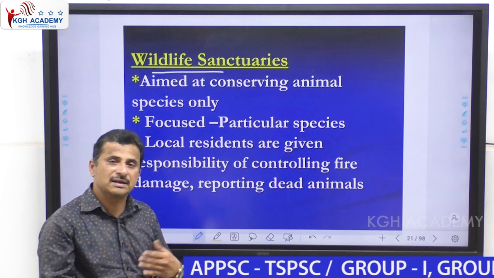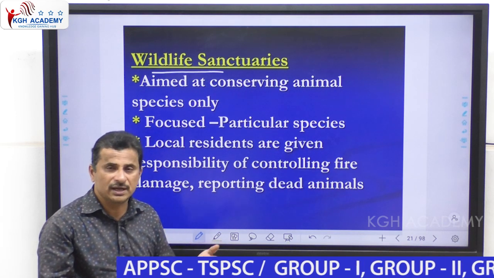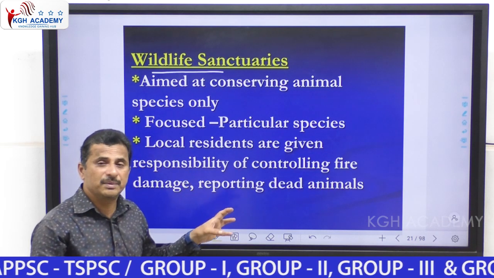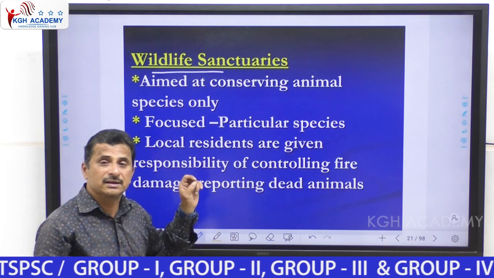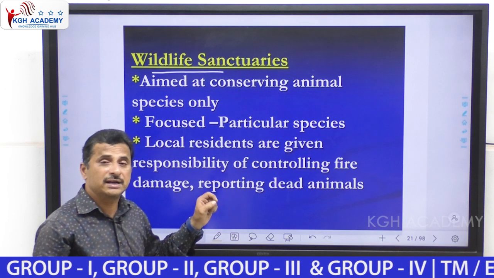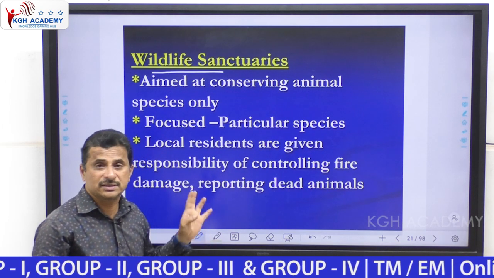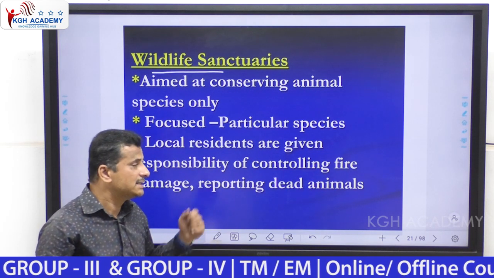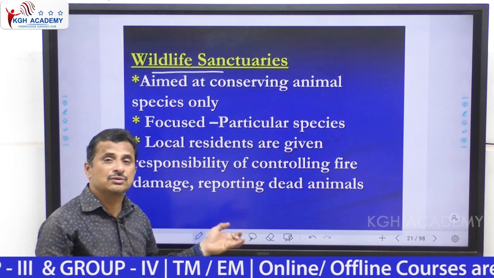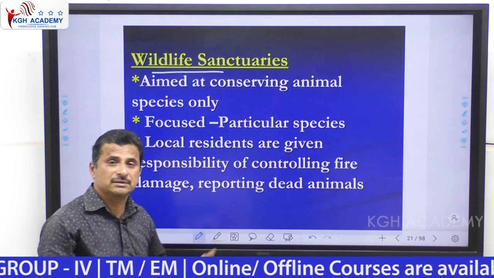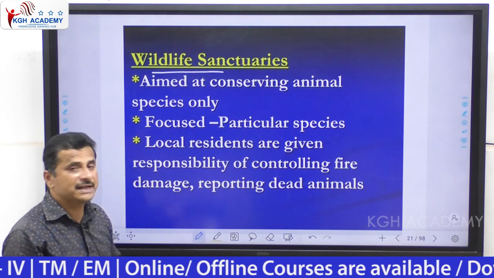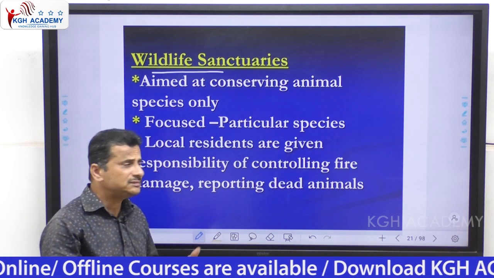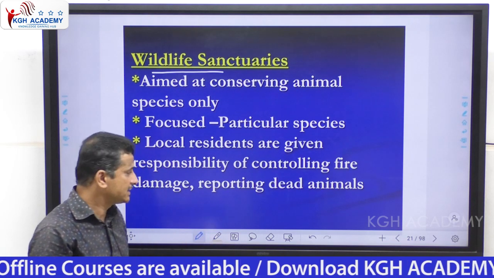In national parks there is strictly no entry of locals, but in wildlife sanctuaries local people can enter, and particularly they can report dead animals to higher officials, government officers, and they can control fire. So here total 5. Okay, next.